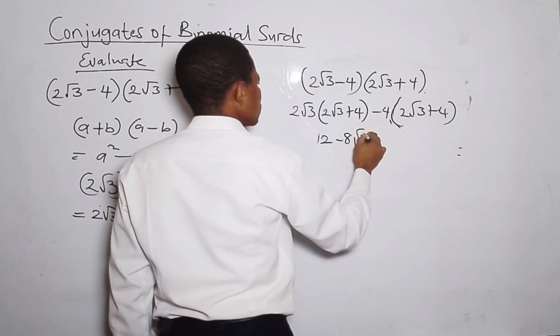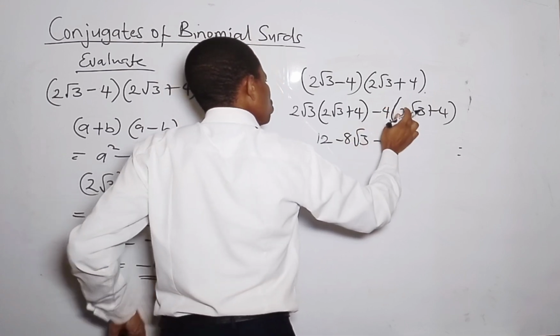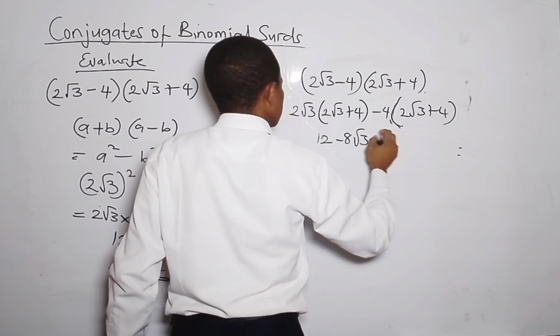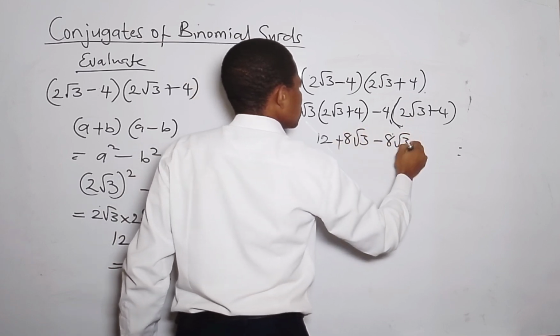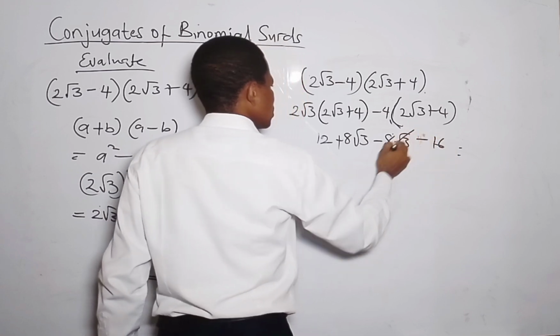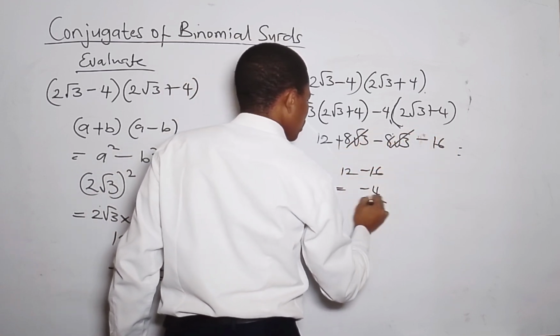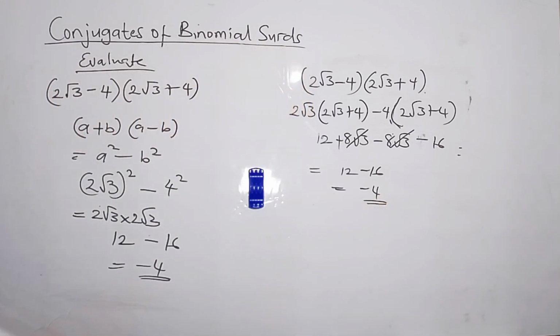Plus 8 root 3. Minus 4 times 2 root 3, that's minus 8 root 3. Minus 4 times 4, 16. We cut these, and eventually we have 12 minus 16, and that gives us minus 4. Here, minus 4. Here, minus 4.